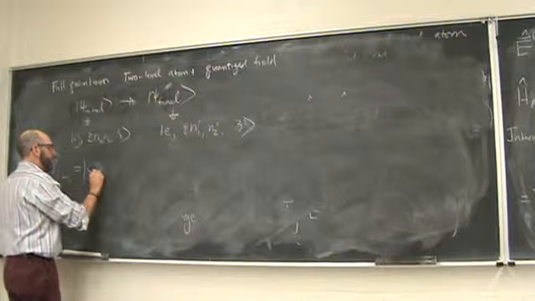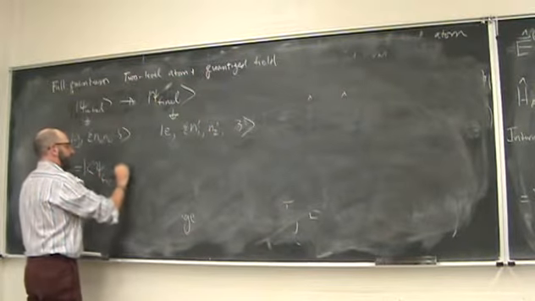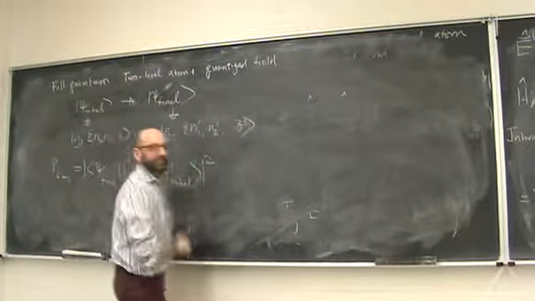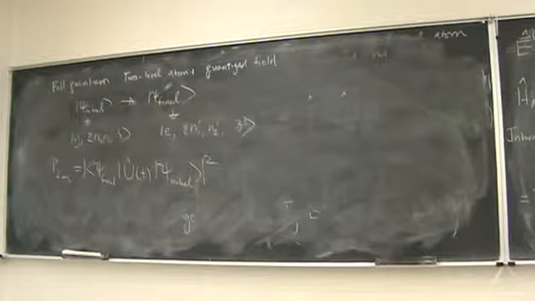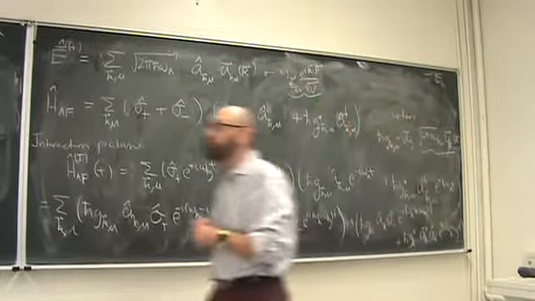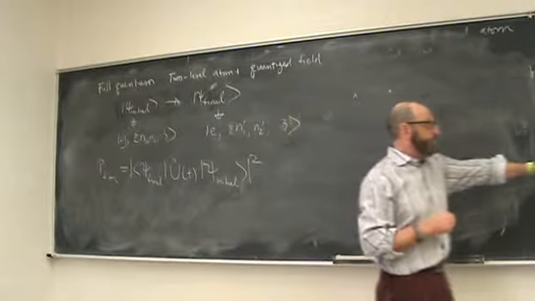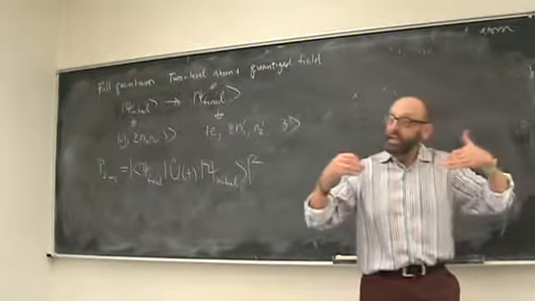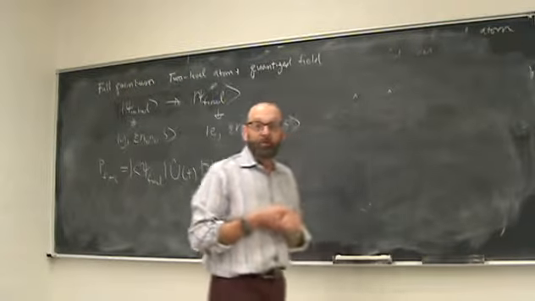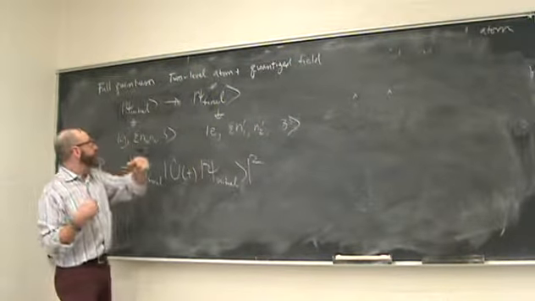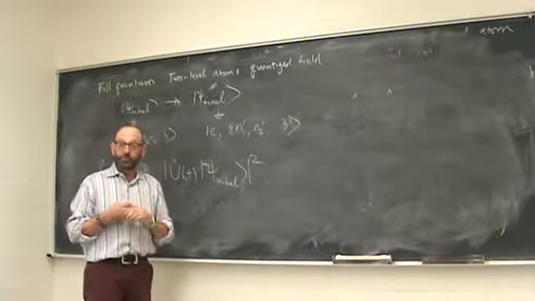The way I would do it is to express that in terms of the time-ordered exponential of the Hamiltonian and do the same Taylor series expansion that I did before, looking at the possible transitions between initial and final states.